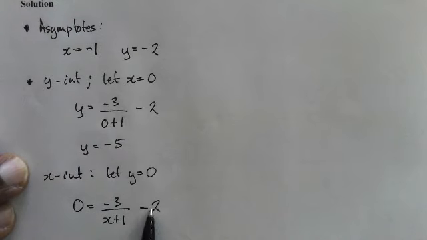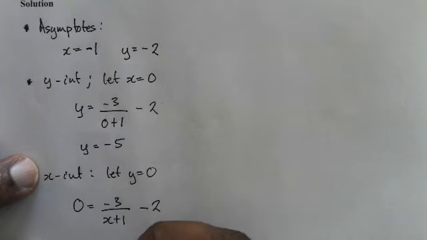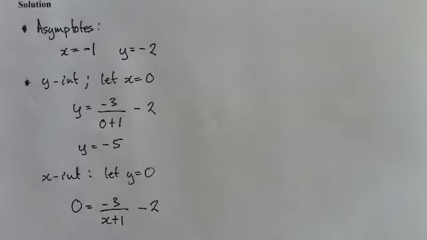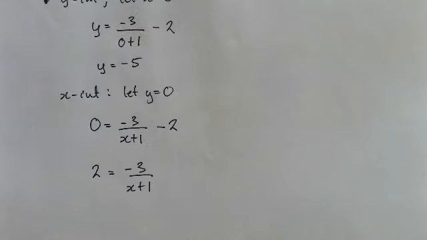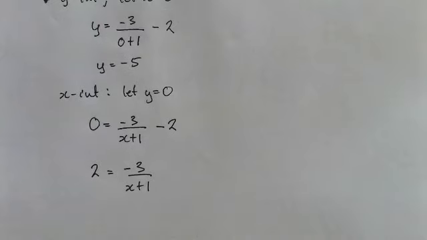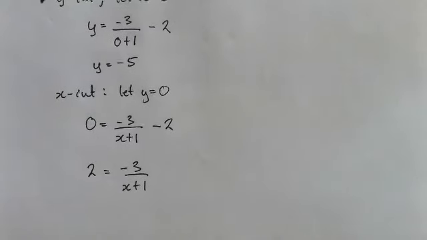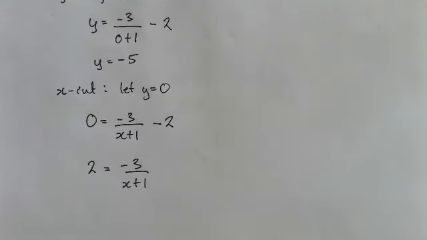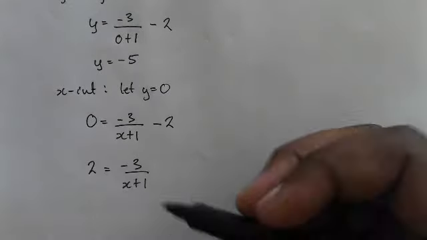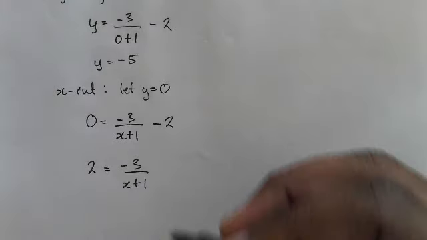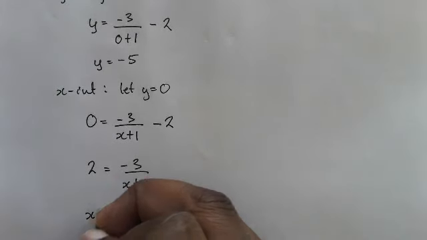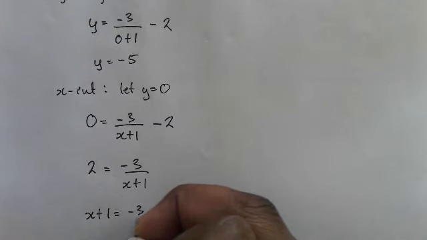If we take the 2 over, we're just going to have 2 being equal to negative 3 over x plus 1. Okay, so we just solve the way we normally do. So swap these around. So that means x plus 1 becomes equal to negative 3 over 2.